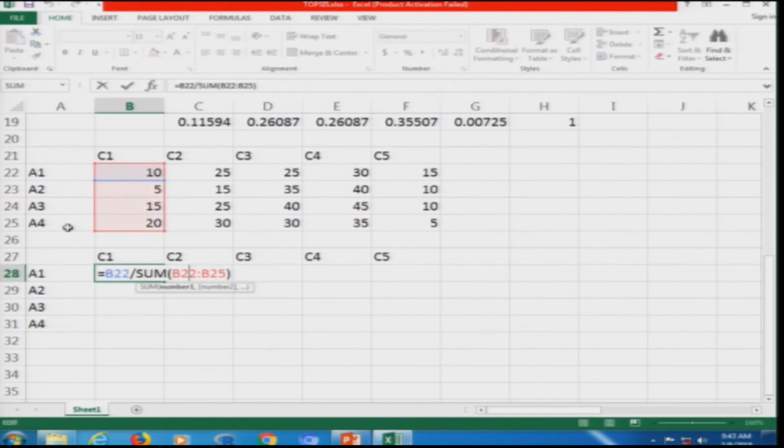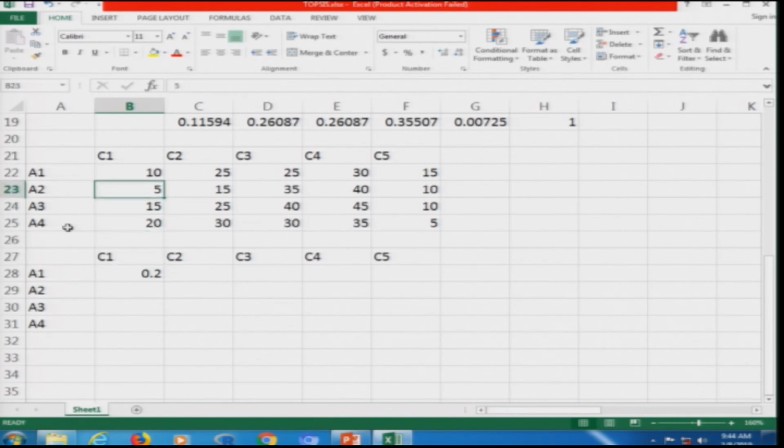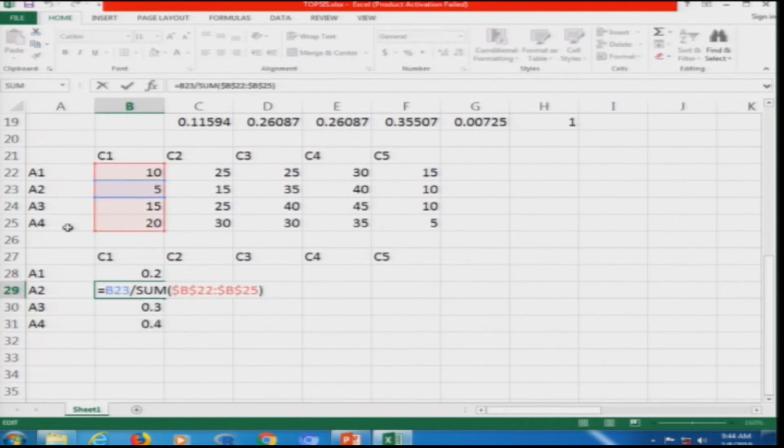This should be dollar-anchored so that it does not move the values. Now see, this value is the first cell divided by the sum of all the cells. This is the second cell divided by the sum of the cells. This is the third cell divided by the sum of the cells. This is the fourth cell divided by the sum of the cells.